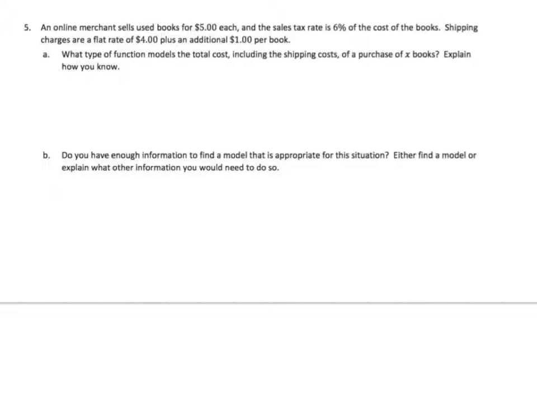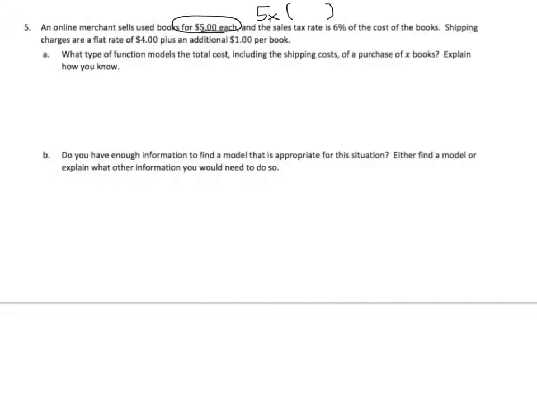5. An online merchant sells used books for $5 each, and the sales tax rate is 6% of the cost of the books. Shipping charge is a flat rate of $4, plus an additional $1 per book. So we have a lot of per book charges. So we know that we've got $5 per book, and then we're going to multiply that by a tax rate.